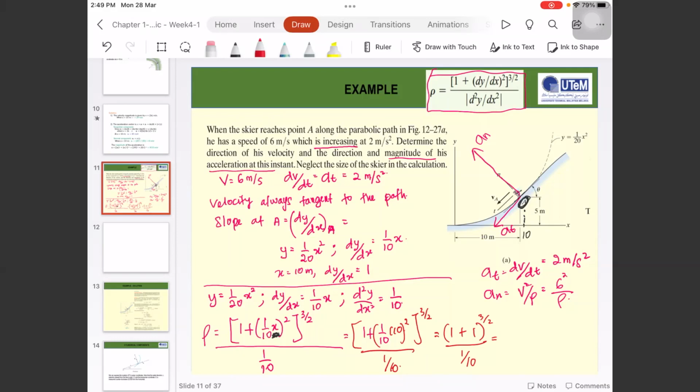28.28. Okay, so this is your radius. Rho is somewhere here. Your radius of aperture. Right? Put rho in here.